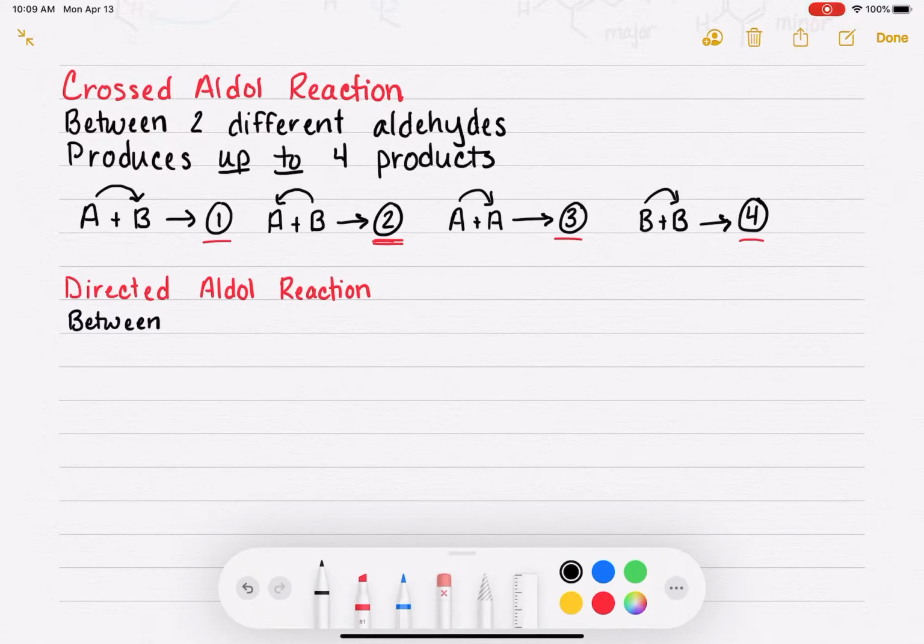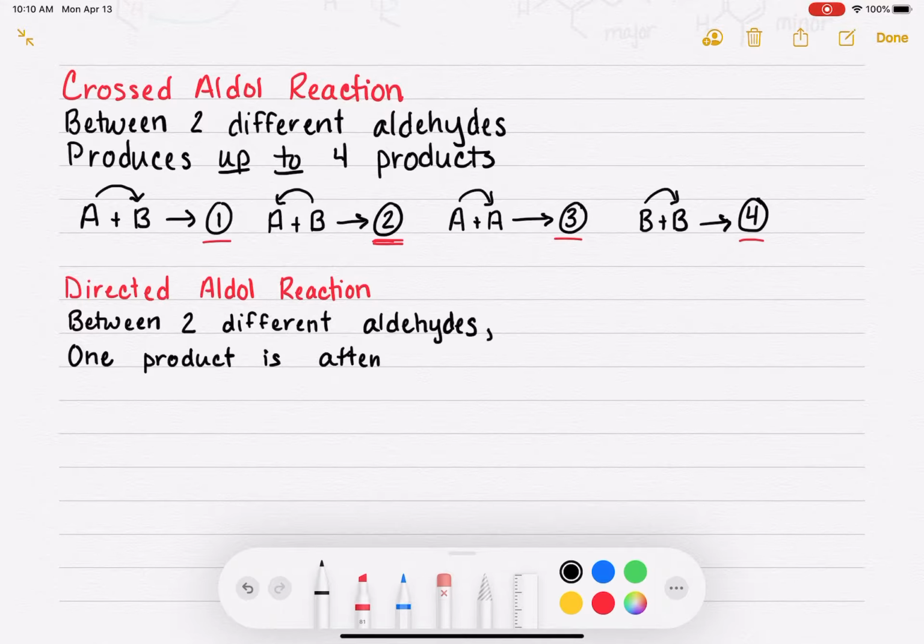But we try to have better control of it. We don't just throw everything together and let it all mingle. In the directed Aldol reaction, one product is attempted to be forced over the others.